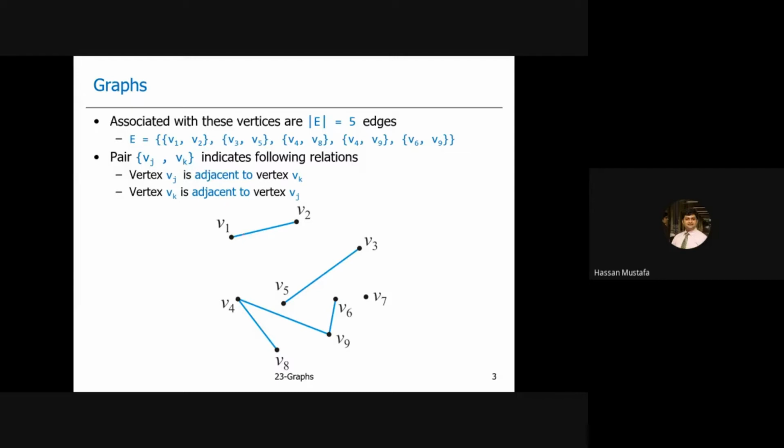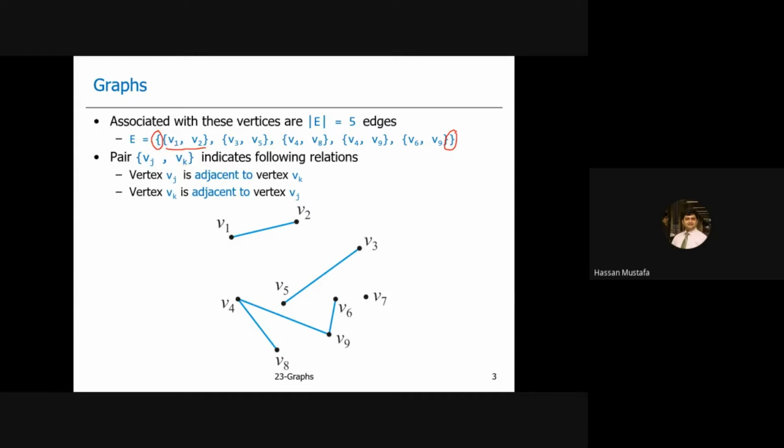So we can represent any relationship between two vertices here using this edge, and this E represents the set of edges. So this is the starting basis of the set of edges, and then we have these tuples as an element in the set.